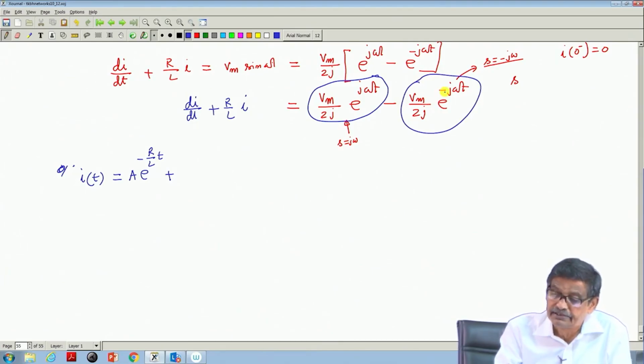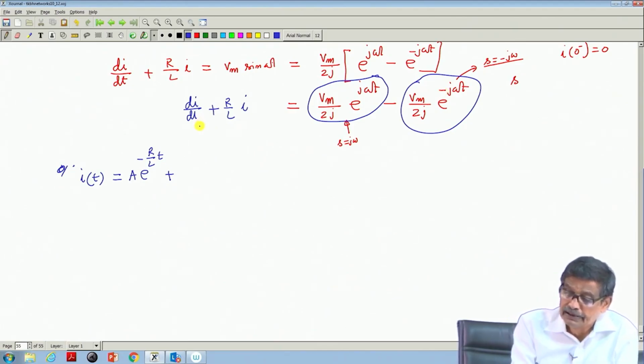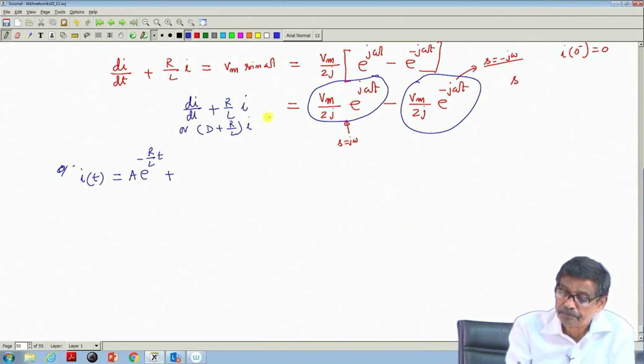So, first take this term. The equation is D plus R by L into I equal to this.